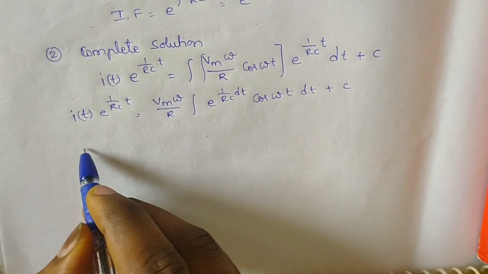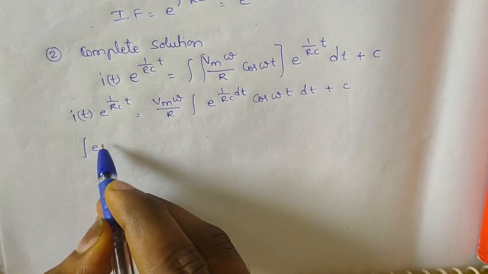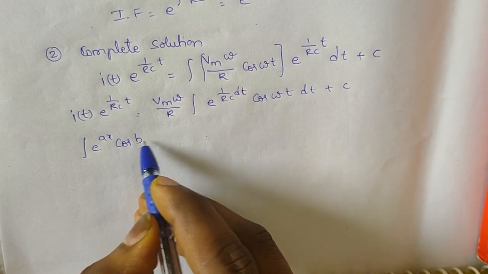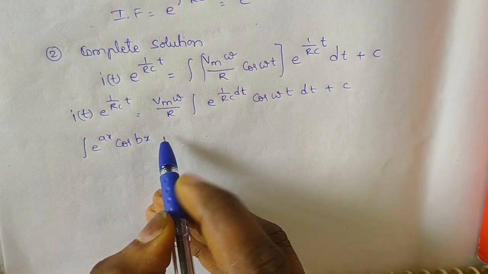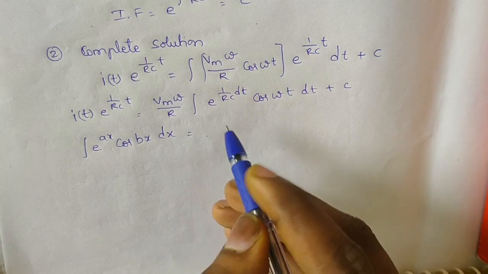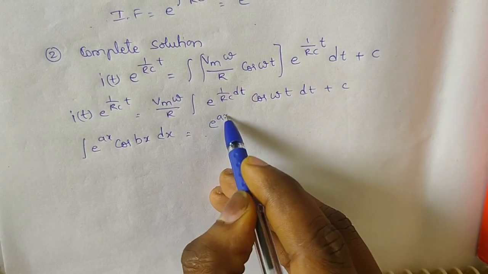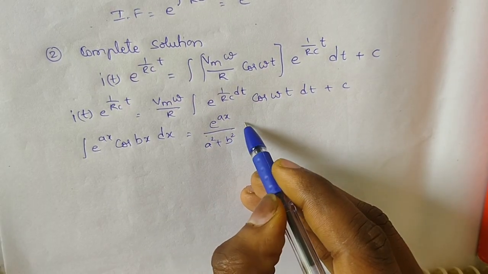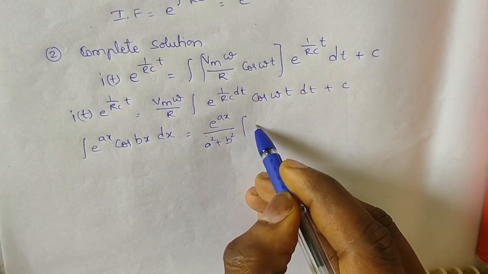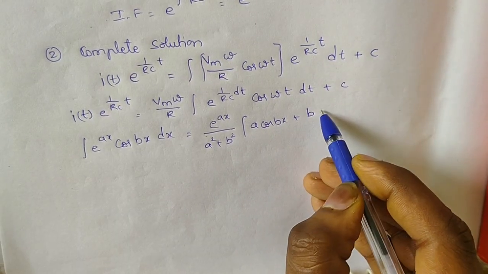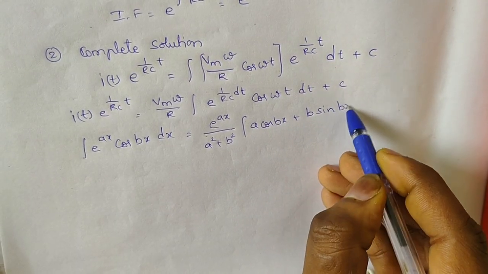We know the formula for integration of e power ax cos bx dx is equal to e power ax by a square plus b square into a cos bx plus b sin bx.